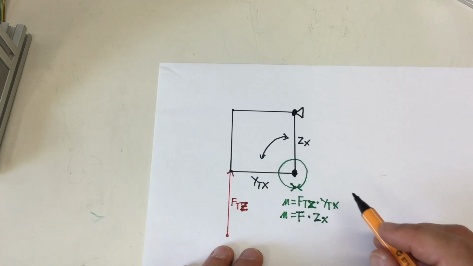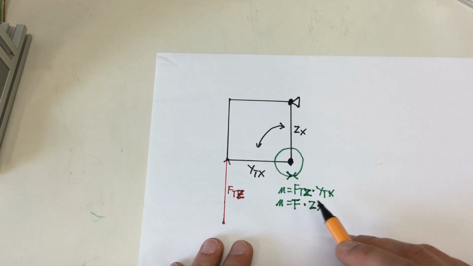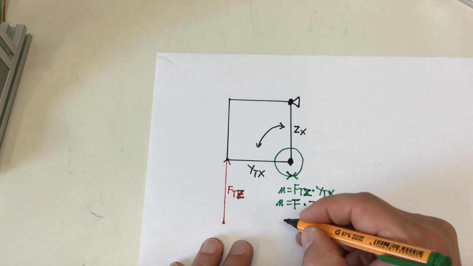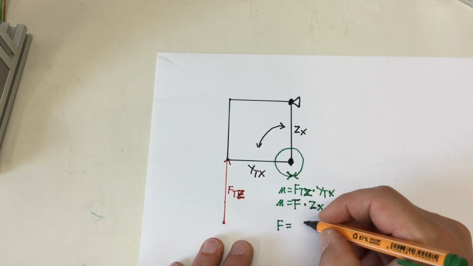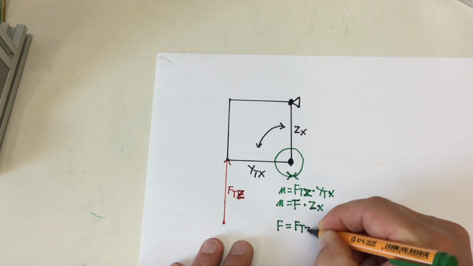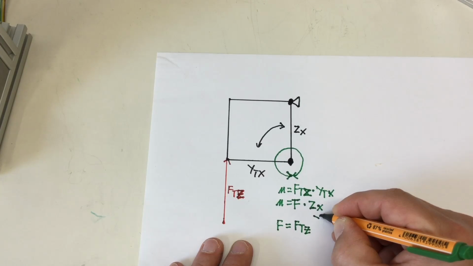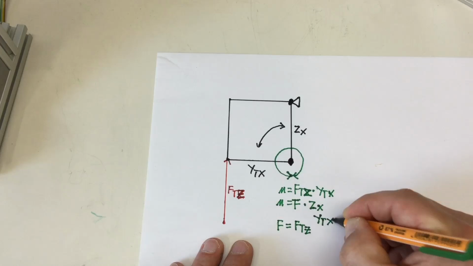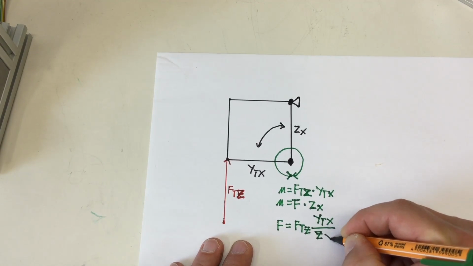Now we can simply calculate what F is. This term and this term are basically the same, so F is Ftz times Ytx over Zx.